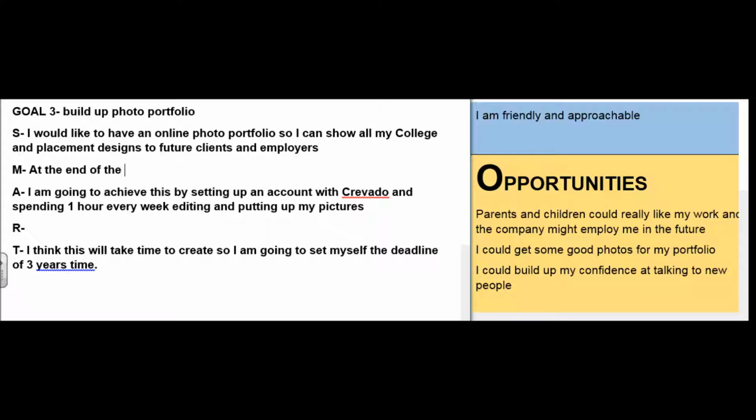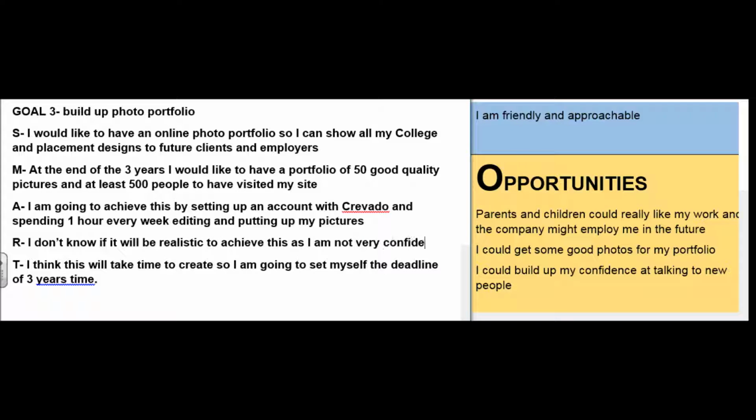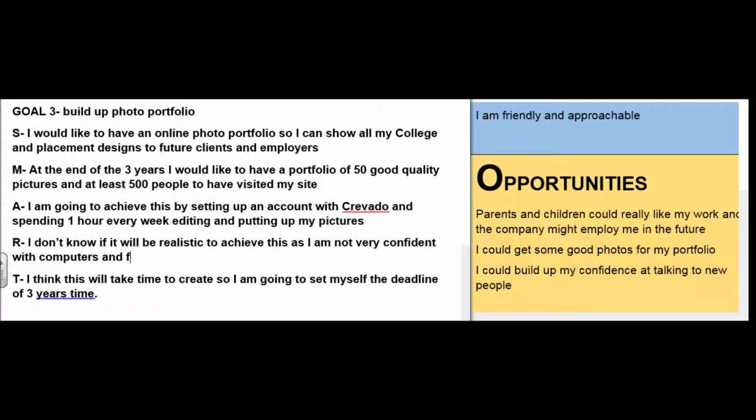So at the end of the 3 years, if we met her, she would like to have this portfolio with 50 good quality pictures and at least 500 hits on her site, so 500 people visiting her site. And she's reflecting back to see if she thinks it's realistic, and she's kind of not sure because she's not very confident with computers and finds that she's quite short of time. So this goal, we might revisit this and feel that it's not as achievable as it could be.